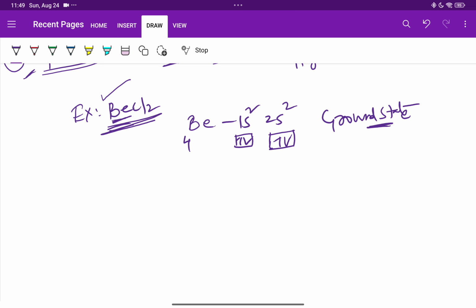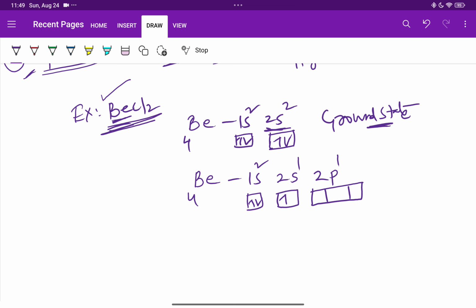So what is the excited state? Beryllium 1s2, and here the valence shell is 2s. The electron jumps from the 2s subshell to the next subshell, that is 2p, in beryllium. So 2s2 becomes 2s1 2p1. This is the excited state of beryllium.